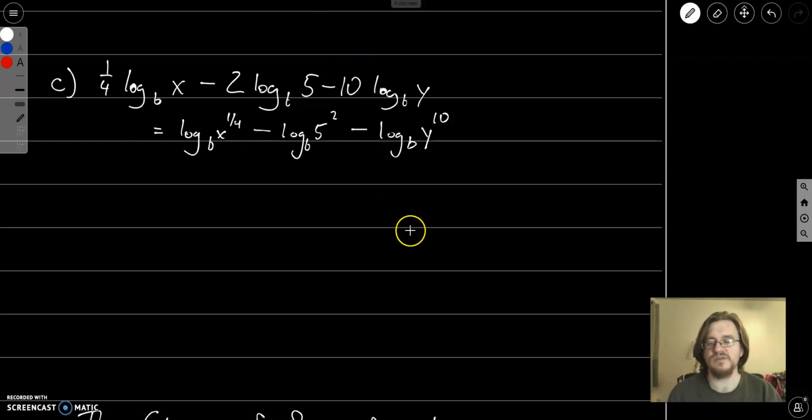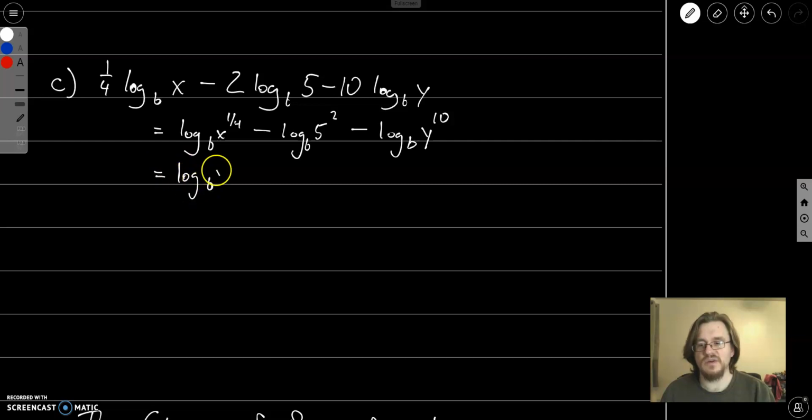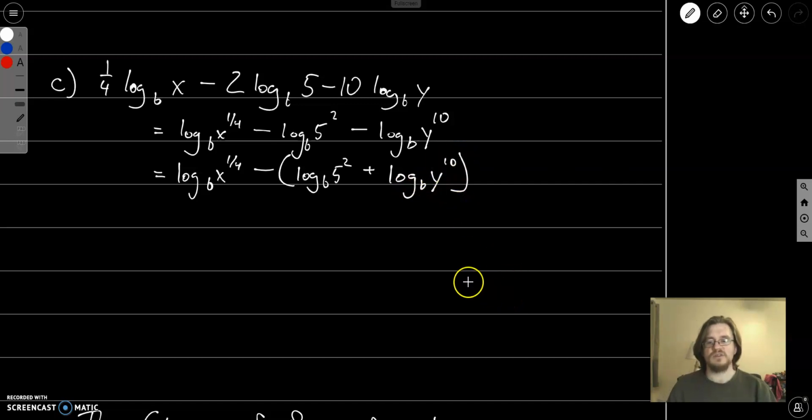And what I'm going to do next may seem a little bit silly, but it will help in the long run. So what we'll notice is that I have a minus sign here and a minus sign here. I'm going to pull those minus signs out and write this as plus. So what have I done?